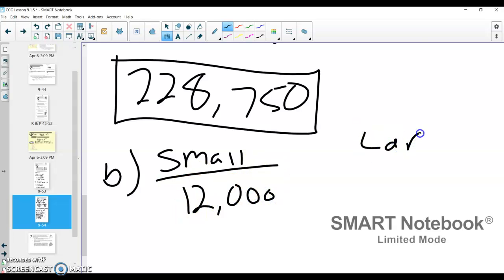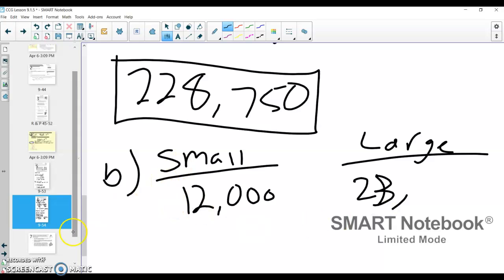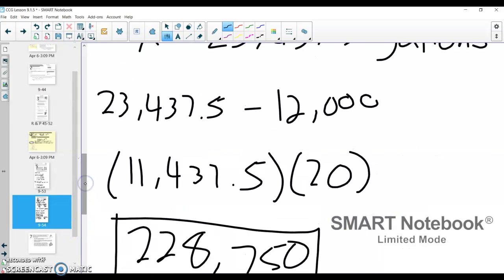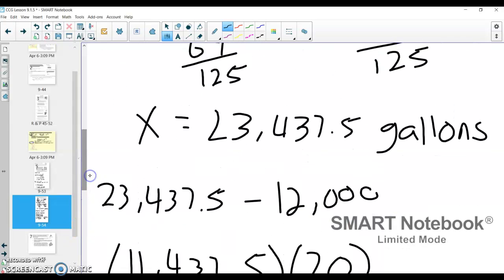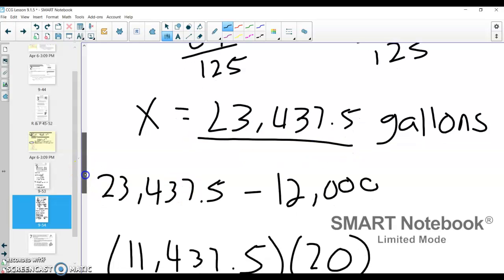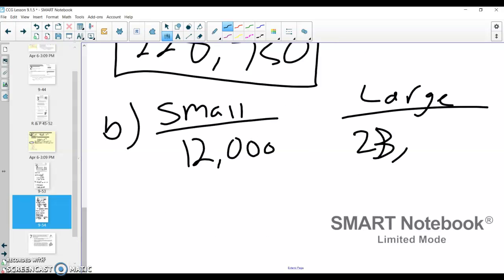The large barrel can hold 23,437.5, because we found this number right here in the first part. We found out that the bigger barrels can hold that many more gallons. And so this really becomes a conversation piece now.